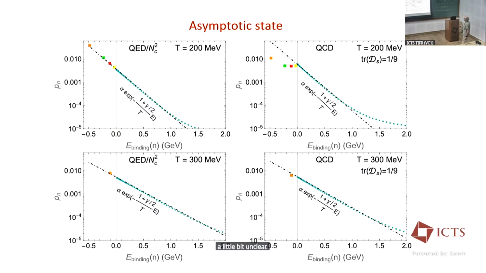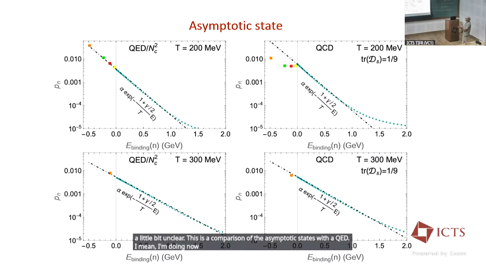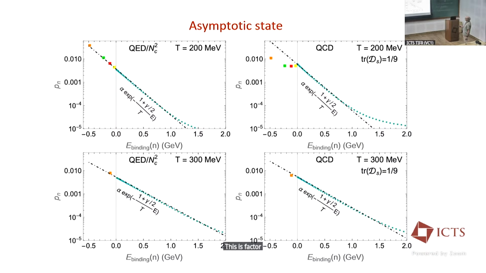This is a comparison of the asymptotic states with QED. What I call QED here is QCD with all colors being equal, so this factor N_c squared indicates what we're doing.